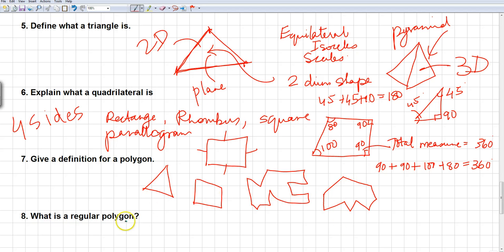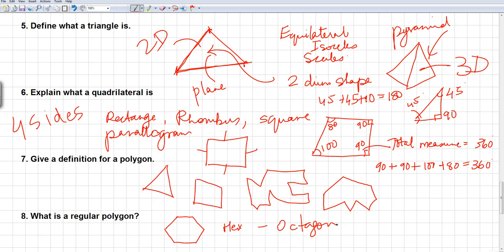Now let's see what a regular polygon is. In a regular polygon, when all the angles and the sides are equal, it's called a regular polygon. It could be a hexagon, it could be an octagon.